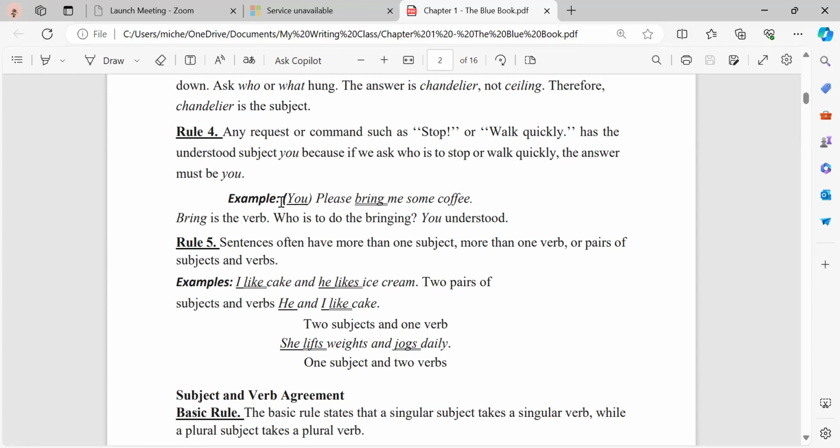So the word "you" in parentheses is not necessary, but is just to emphasize that you are the one supposed to receive the command. And "bring" here is the verb. It's pretty obvious for rule number 4. We have probably encountered this a lot.